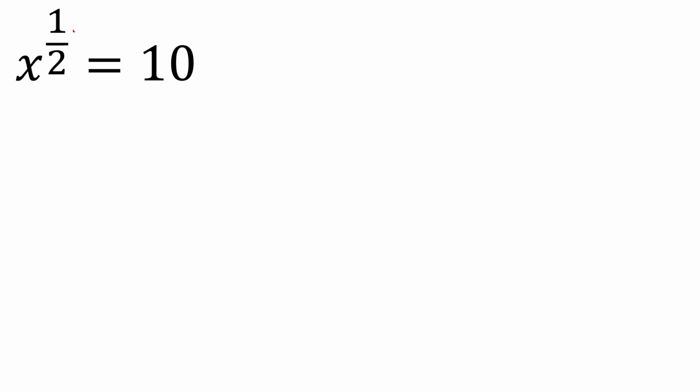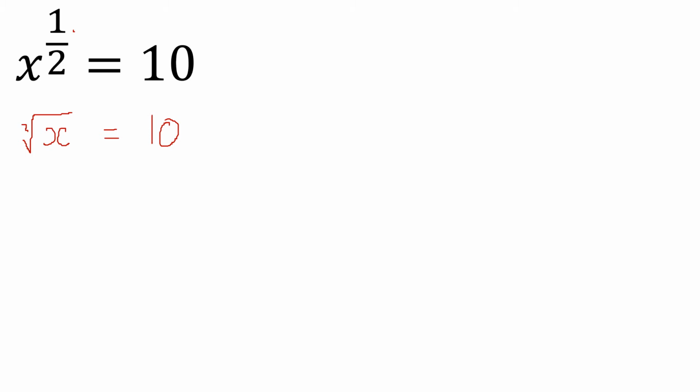Our indices is a fraction, so it means that it's the root of something. So currently, we could rewrite this as the square root of x is equal to 10. It means exactly the same, it's just rewritten in a form that's a bit more familiar to us.